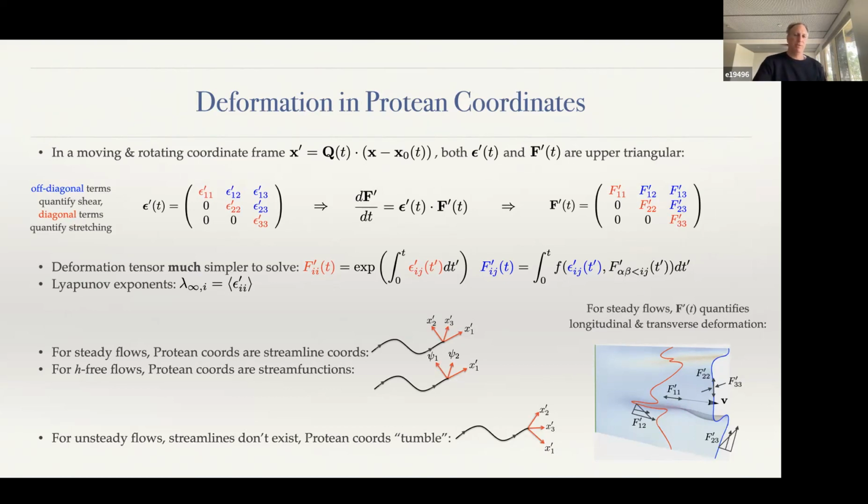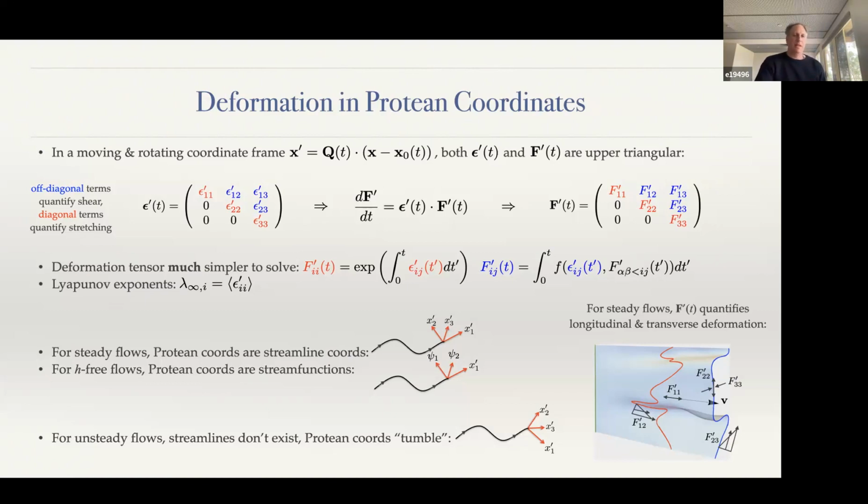But essentially, we rotate that in a way that renders the velocity gradient tensor epsilon upper triangular. Now, this has a lot of advantages in terms of computing the elements of the deformation tensor, because now when we go to solve the differential equation that governs the deformation tensor, we have closed form expressions for all of the terms in the deformation tensor. So it simplifies things a lot.